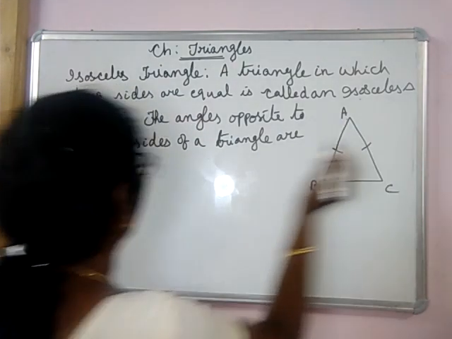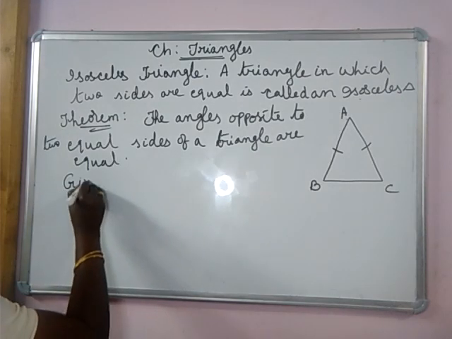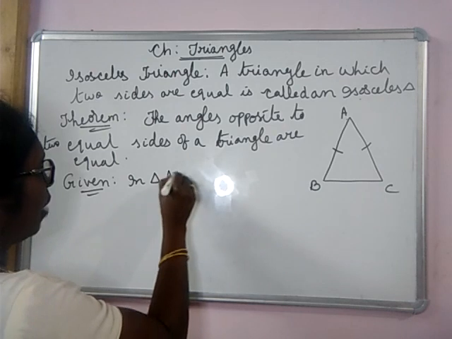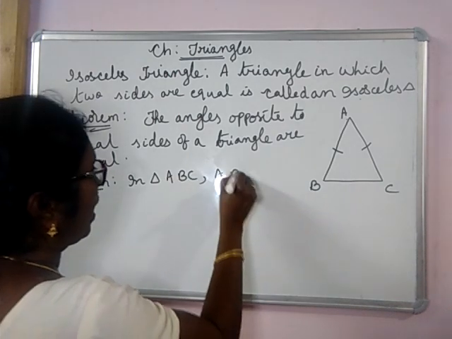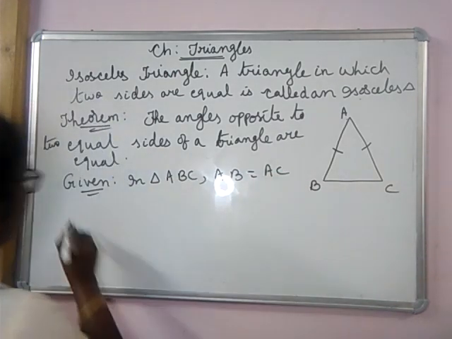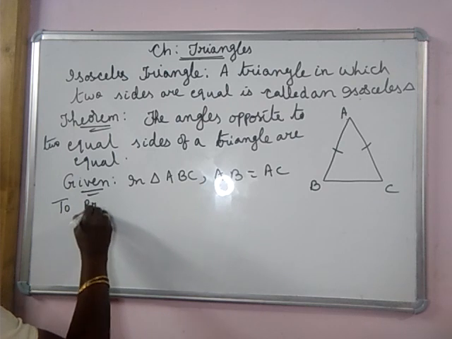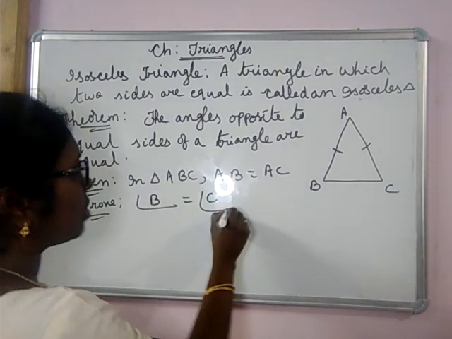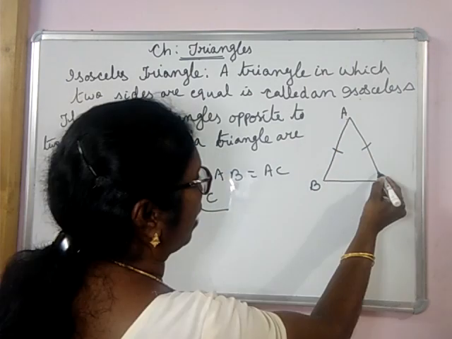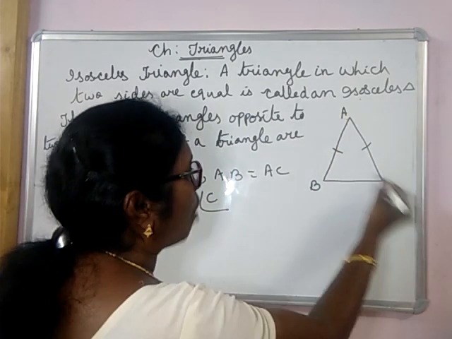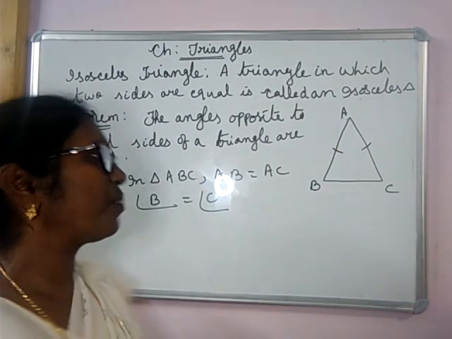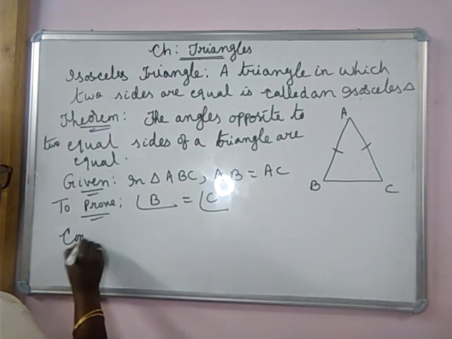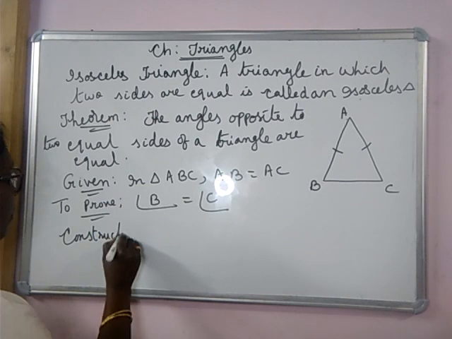You have to prove that angle B is equal to angle C. Opposite to AB is angle C. Opposite to AC is angle B. You have to prove this. For this, you need a construction step.